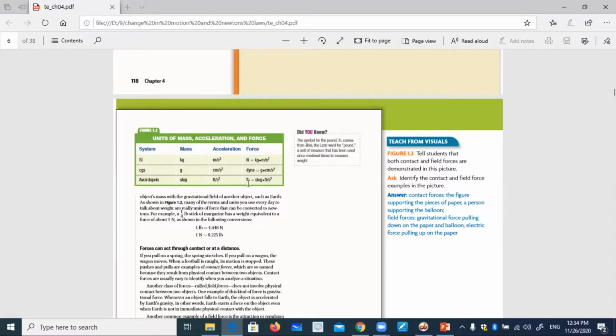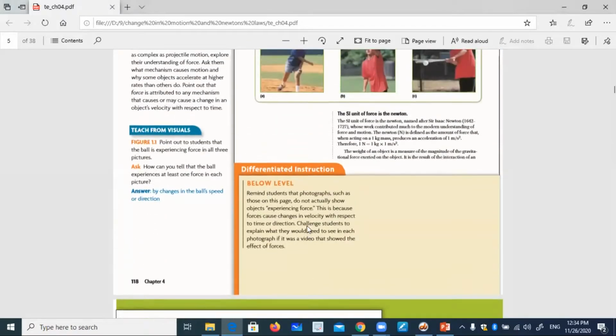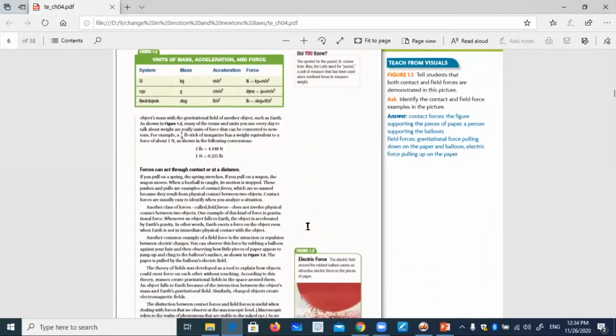This pound, lb, comes from the Latin word libra, because the pound symbol is lb. Okay, guys, to convert libra or pound to Newton, you multiply by 4.448. That's written here in your book, page 119.